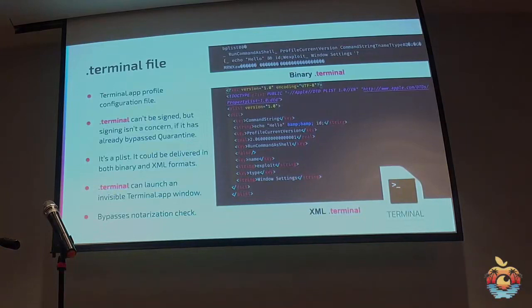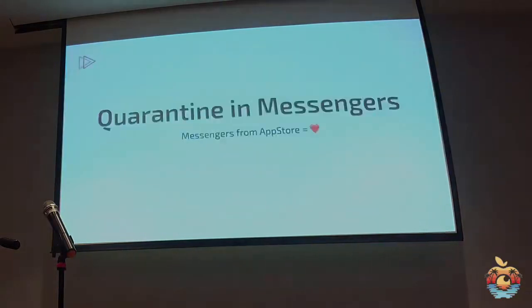That's not standard because most people think that only apps or binaries or executables can execute code on their machines. That's not true. .terminal is an example. So let's start reviewing file quarantine handling in messengers.